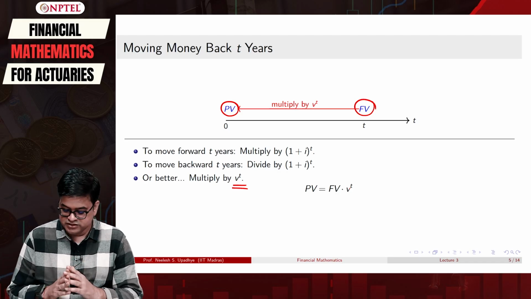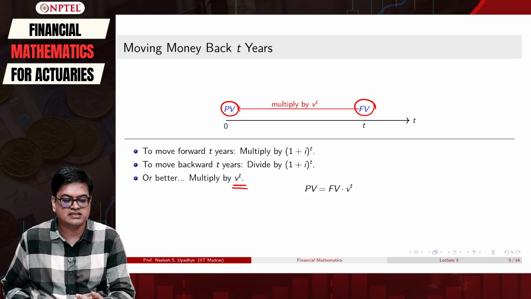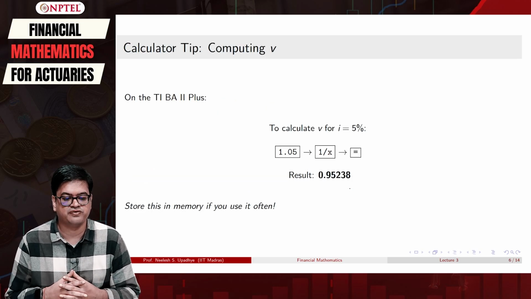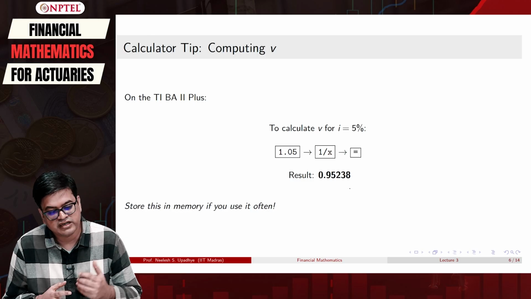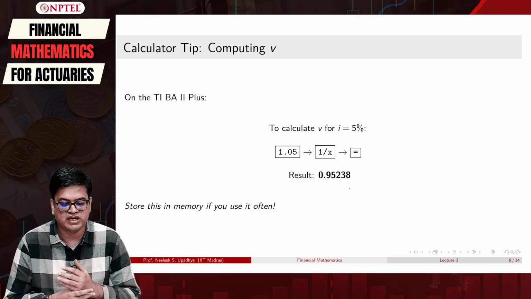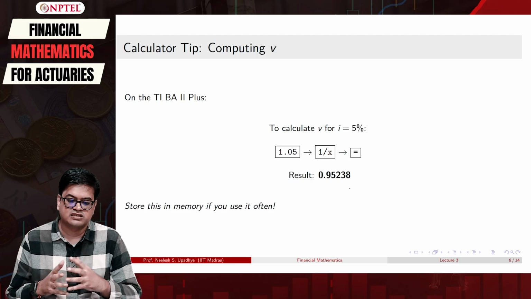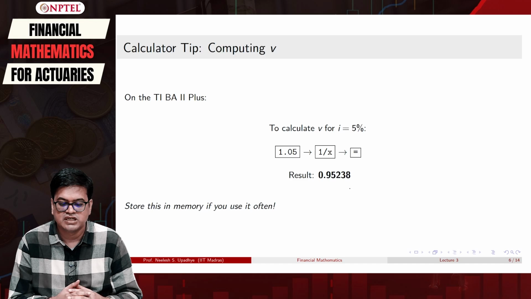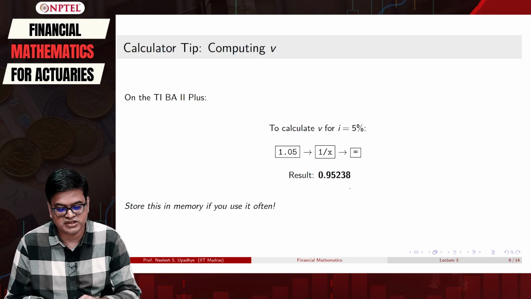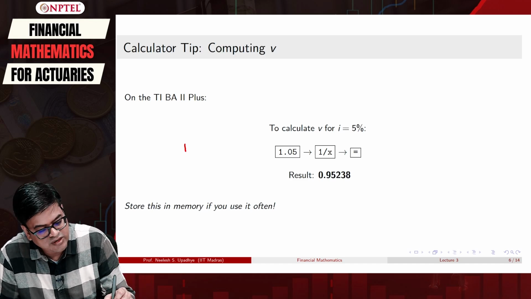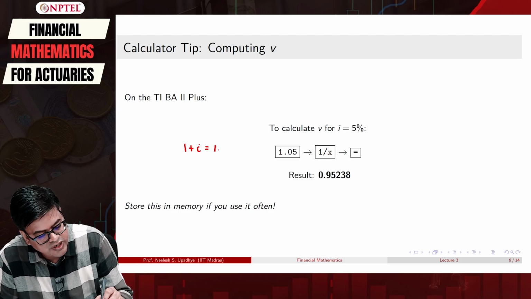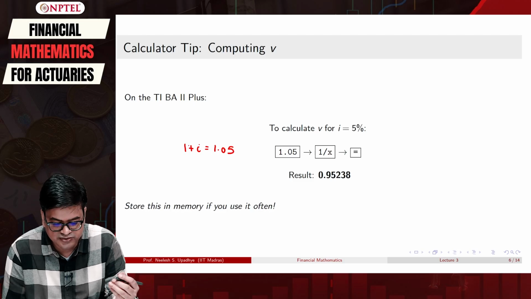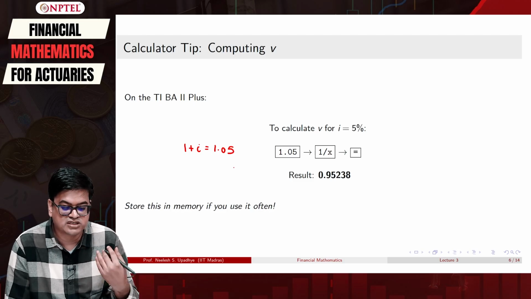So now once we are clear with these basics, let us see how to translate it into a pro tip of calculator for computing V. Use the calculator mentioned in the slide or use any scientific calculator. How to compute the present value is very simple, which is if I have the interest rate of 5%, I will take this to be 1 plus I, that will give me 1.05, and once I have this number, which is the growth factor, so to speak, what we want is to discount it, right?